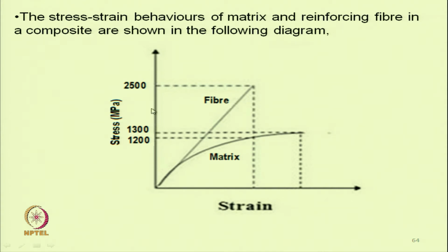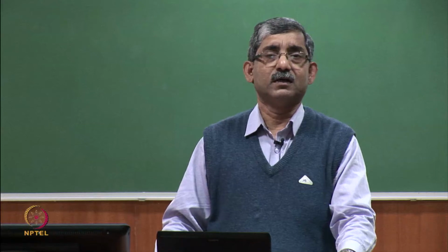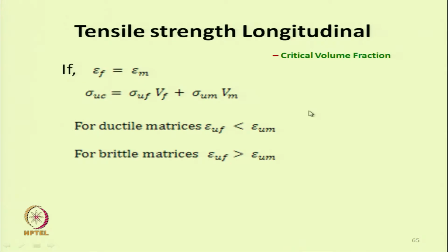This is just a typical example of how the calculation will be done. 2500 is the ultimate stress of reinforcing material, 1300 is ultimate stress of matrix, and 1200 is the stress carried by the matrix when the fibers are breaking. So, this is required to calculate the critical volume fraction.